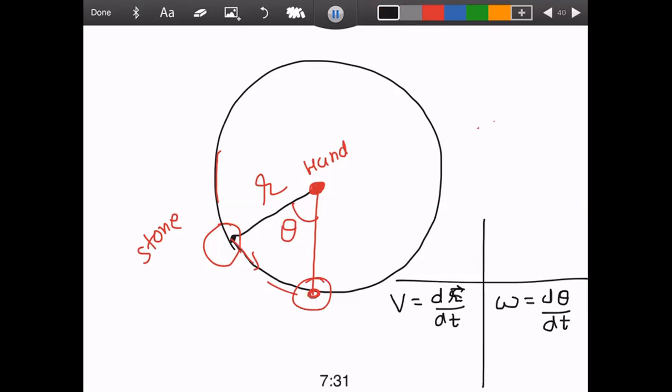In 12th standard physics you learned this as ds by dt. So what is ds? Suppose this box is put on the stand here, it will be displaced by a distance s. The change in distance is ds, and the time it takes is dt. So the box has moved from here to here, and ds by dt gives you the velocity.